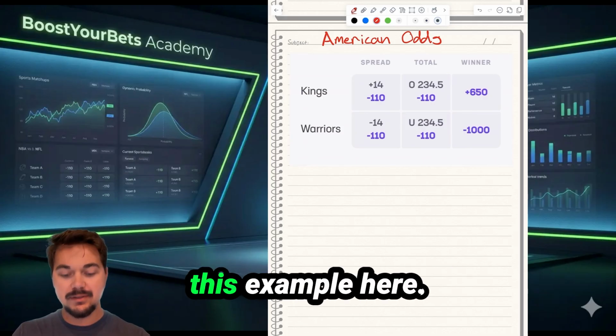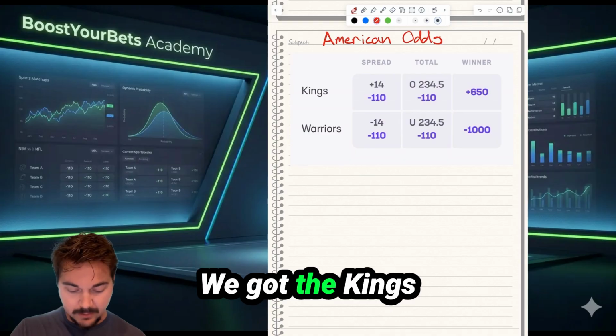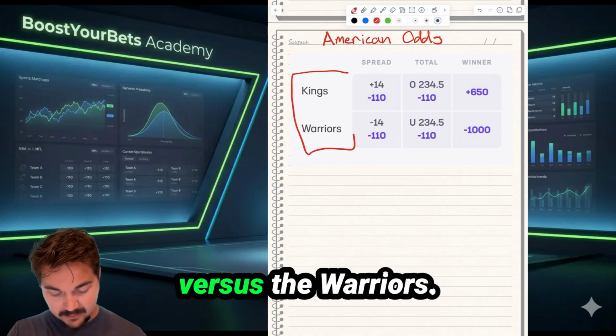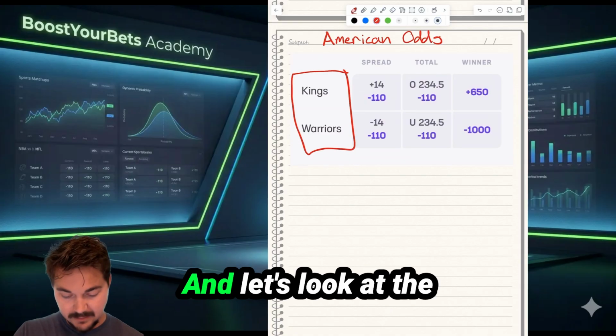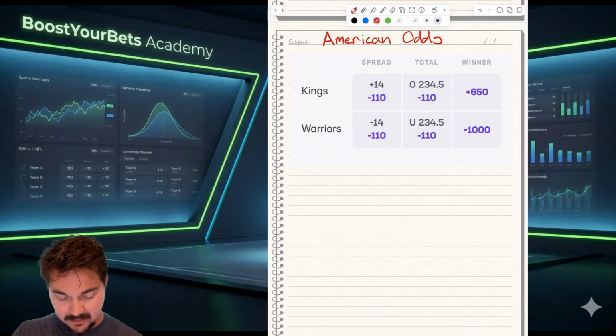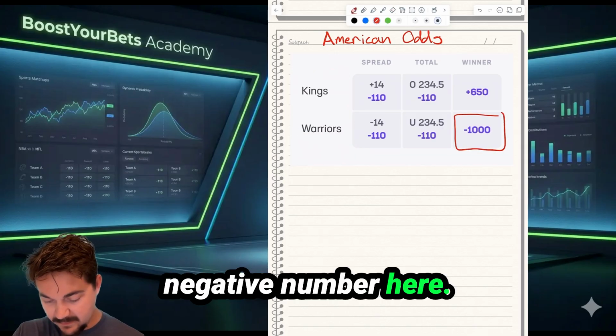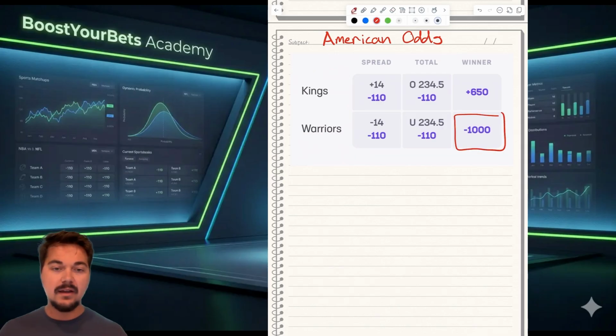So let's start off with this example here. We got the Kings versus the Warriors. That is the NBA. And let's look at the negative number here, the negative 1,000.